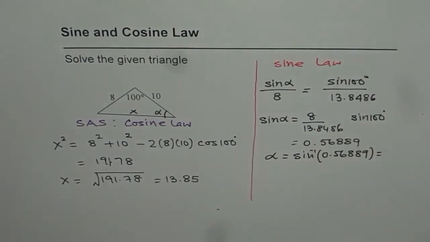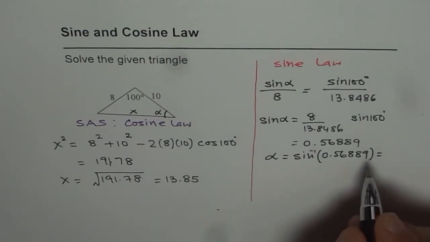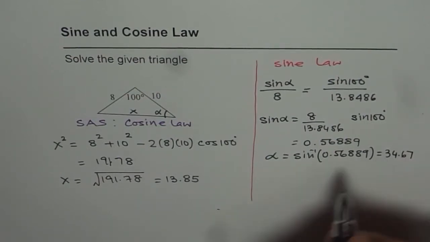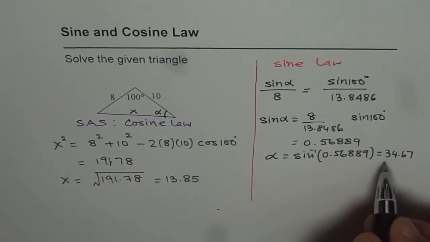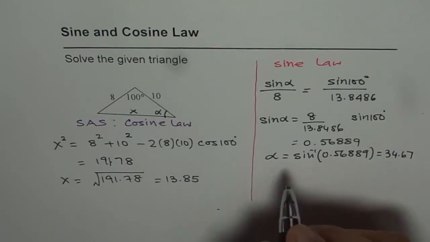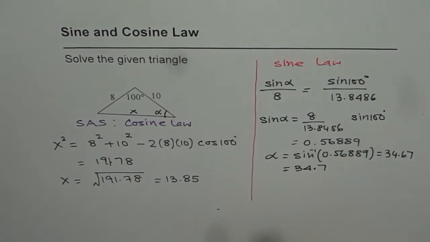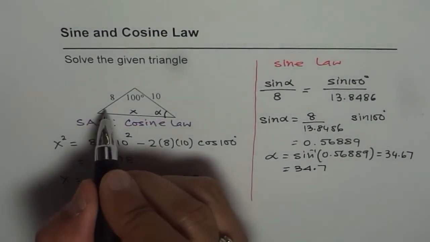So we'll do second function, sine inverse of our answer. That gives us 34.67. Right? So let us round this angle to 34.7. So let's say alpha is 34.7.